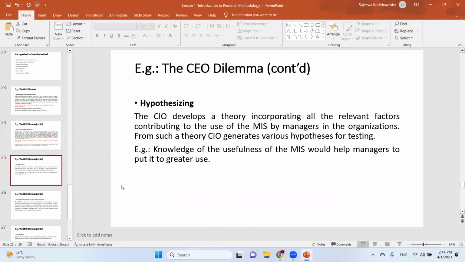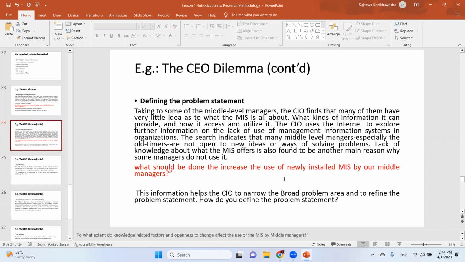Right. So to test it or to research it, you have to develop a hypothesis. Well, we don't have an idea about their application level or their level of knowledge about MIS. We don't even know how many middle managers have an exact idea about MIS.